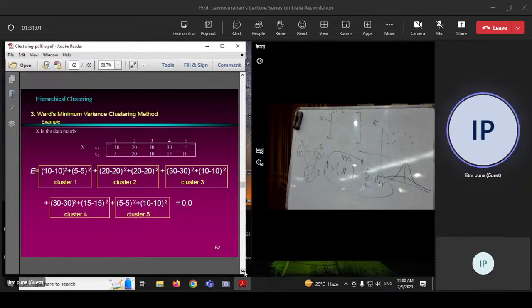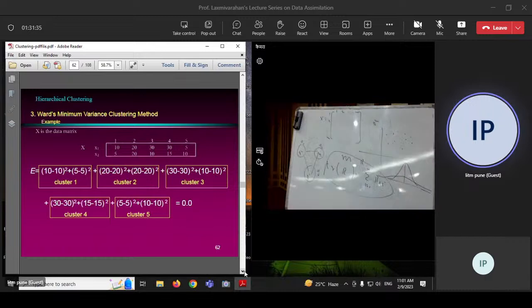Because the total sum is constant, by minimizing the intra-cluster scatter, meaning within, I'm trying to maximize the inter-cluster scatter. Inter-cluster scatter means what? Between. That means I'm trying to make the balls as tight as possible while pulling them out as much as possible so that I can hope to get non-overlapping clusters.